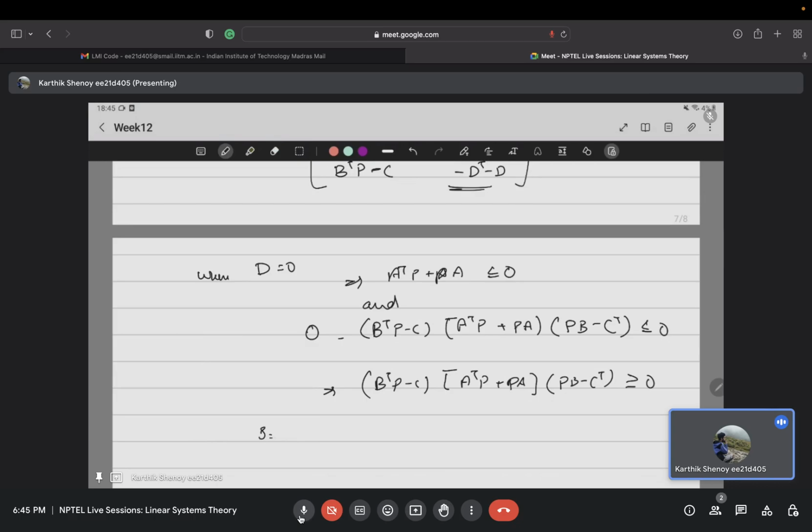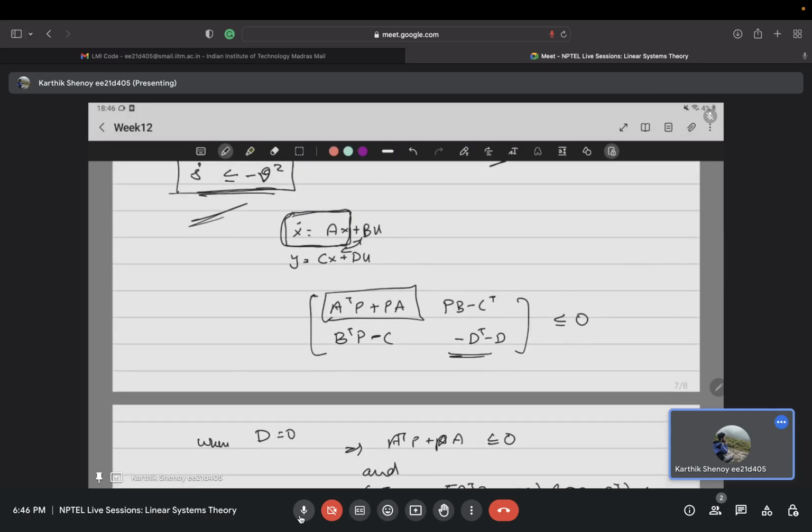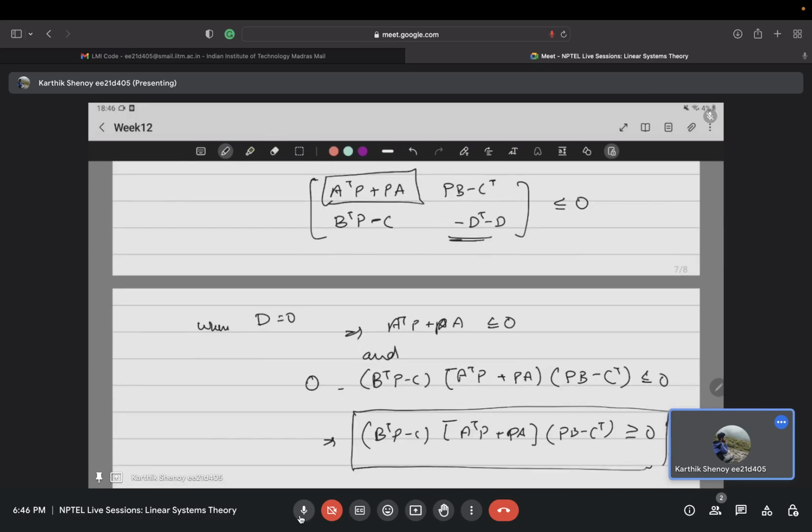S equal to U transpose Y plus Y transpose U. When you expand this, you will get something like this equation, okay. So this is how you test for dissipativity.